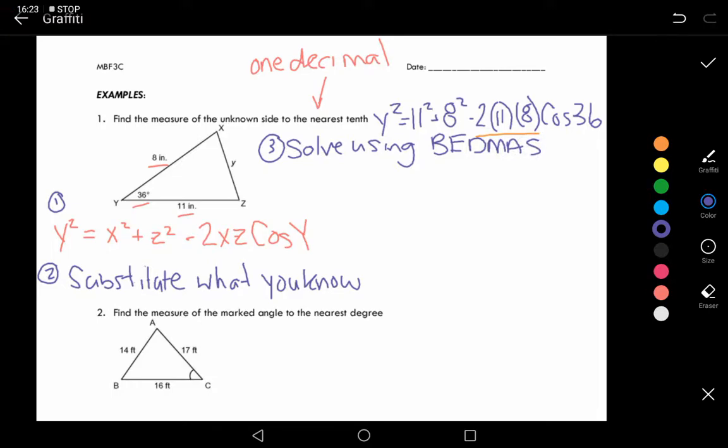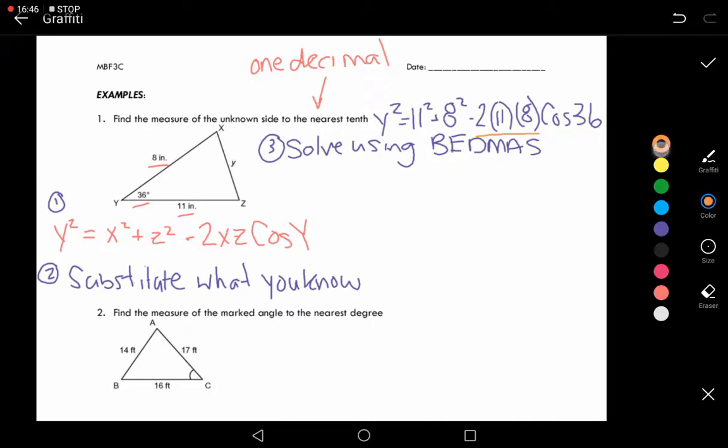Okay, so remember that means brackets, exponents, division, multiplication, addition, subtraction. So we don't have any brackets here. Remember, those brackets that are there are just there because we're multiplying together, right? So technically no brackets. We can do our exponents right away, right?